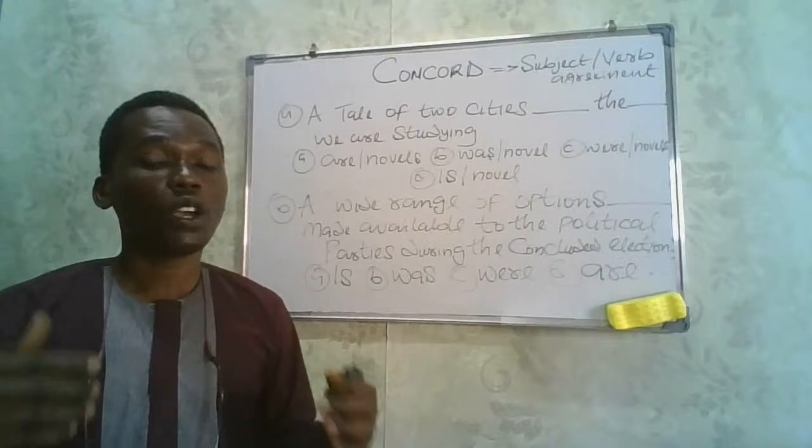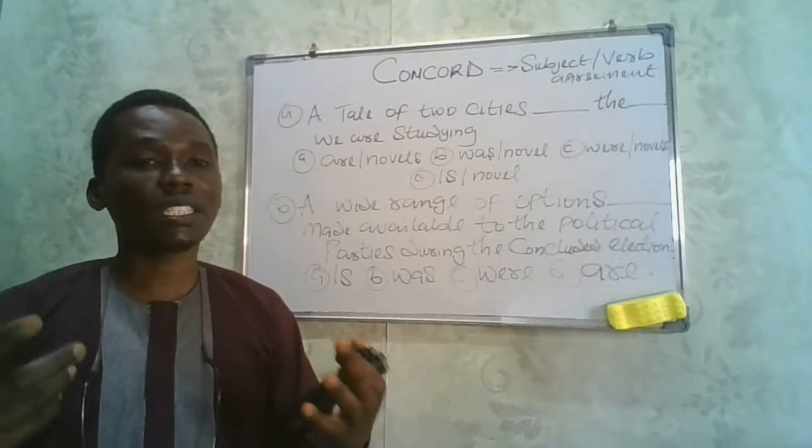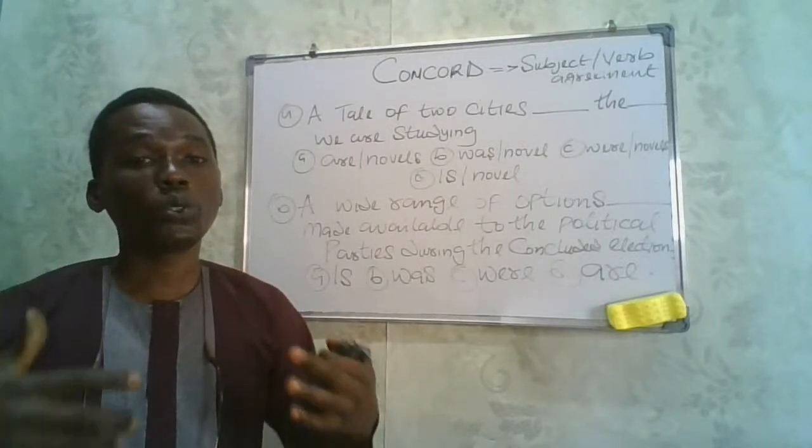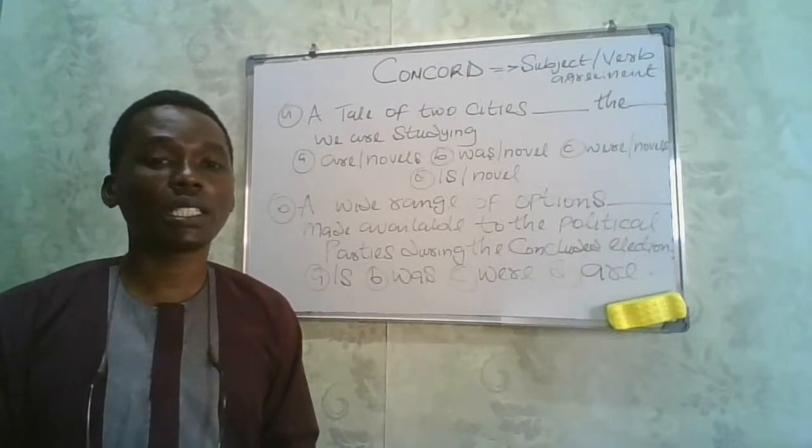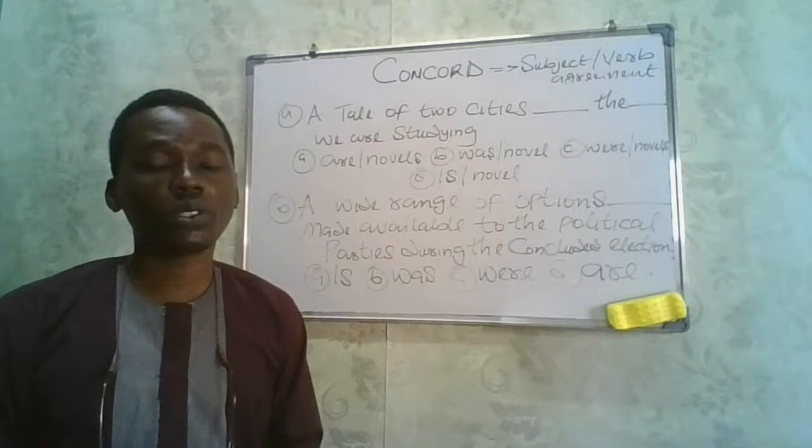Whenever they appear or whenever any word suggests that that is what they are, we use the plural verb. So take note of that and don't forget to join us in our next class.